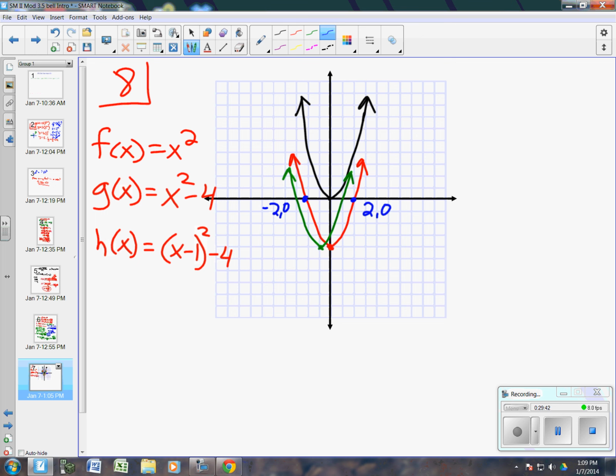Then it says, what are the coordinates of the points corresponding to the x-intercepts in g of x? Well, we just wrote them down. 2 comma 0 and negative 2 comma 0.